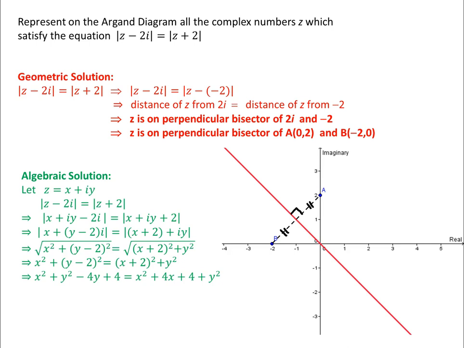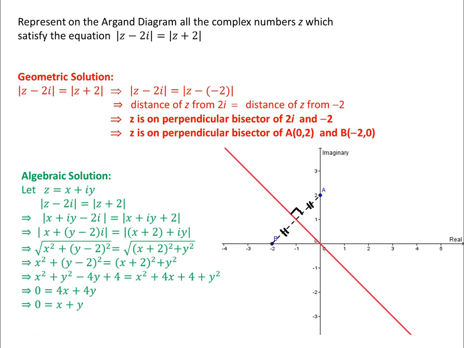And if we look carefully at that, we can see that the x squareds cancel on each side, the y squareds cancel on each side, and the plus 4s cancel on each side. And then if we take everything onto the right hand side, we get left with 0 equals 4x plus 4y.